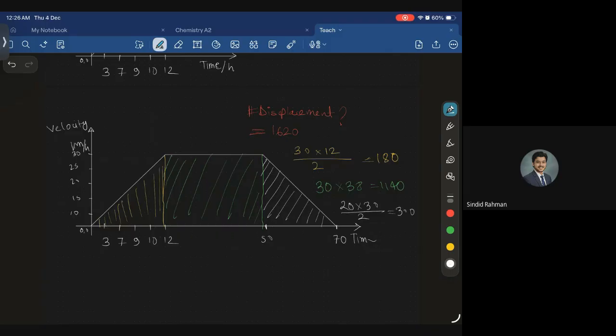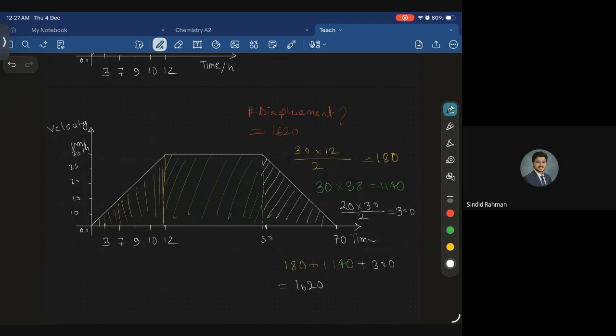And then you added all these values: 180 plus 1140 plus 300, which gives me 1620. Well done.